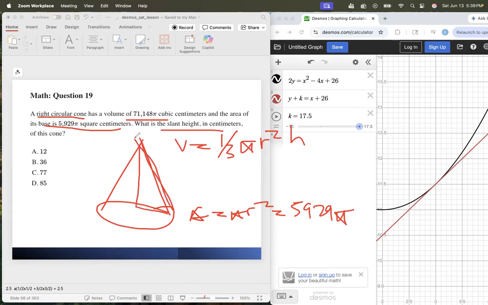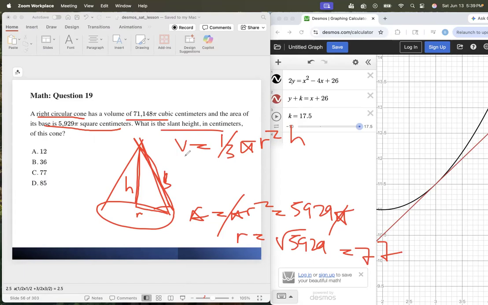They want you to find the slant height, this one. So we've got to calculate the height, we've got to calculate the radius, and then we can find this slant height. How do you find the radius? Well, this cancels this. The radius is basically the square root of 5929. And then that should give you 77.